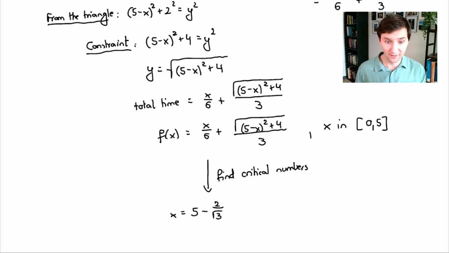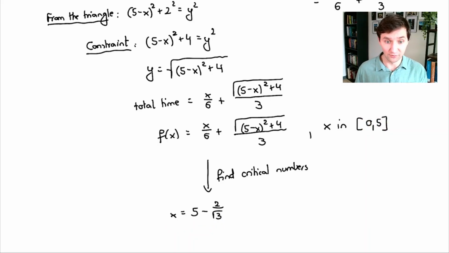Now let's check if this number gives us the absolute maximum, absolute minimum, or neither on the interval from 0 to 5. I will use the closed interval method for that. I know a critical number inside of this interval. To find the absolute maximum or absolute minimum, I compute the value of the function at 0, at 5, and at the critical number, and I look at which value is the biggest and which is the smallest.